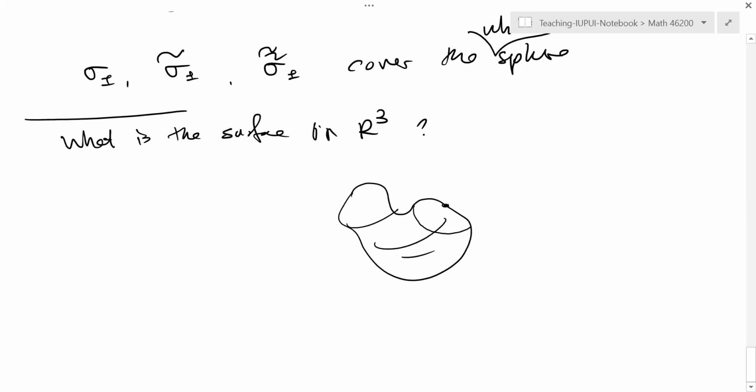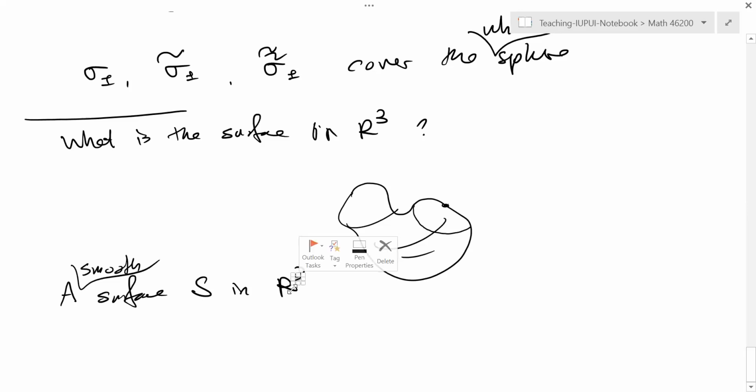So roughly speaking, a regular surface S in R3. We actually just want to consider smooth surfaces. So what is a smooth surface S in R3?